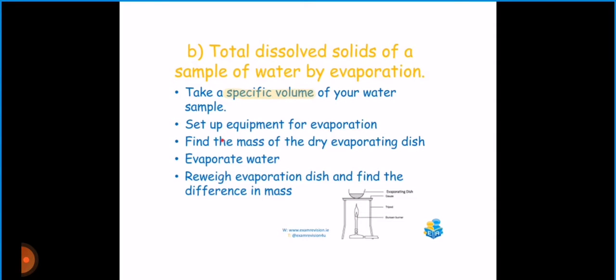And basically you need to find the mass of the evaporating dish at the start, and you need to evaporate your water off, and then you need to reweigh your evaporating dish. So to finish, you will do the mass of the evaporating dish at the end minus the mass of the evaporating dish at the start, and that will leave you with just the amount of dissolved solids that are present.